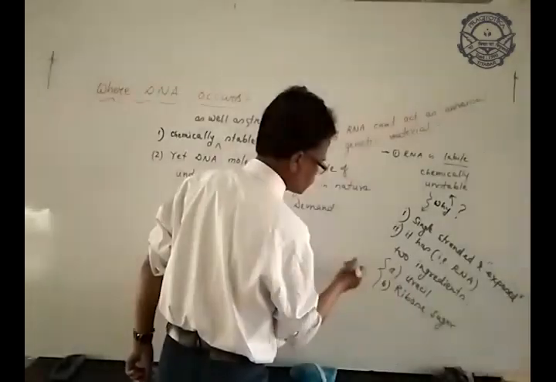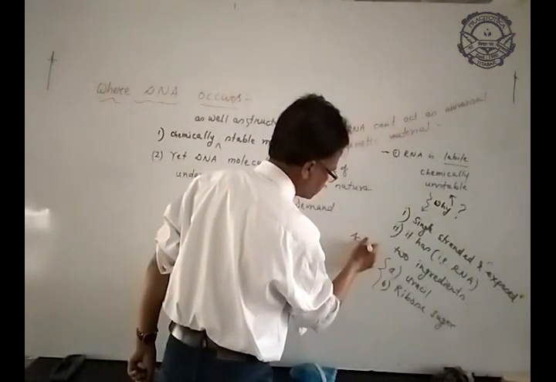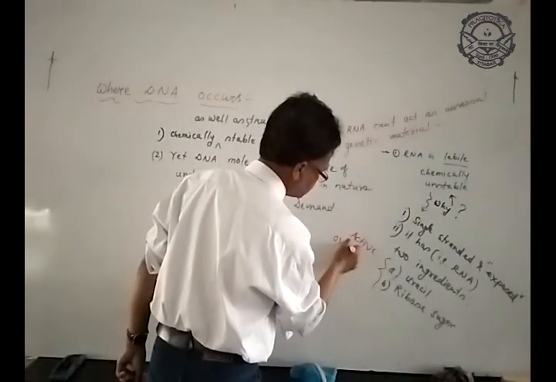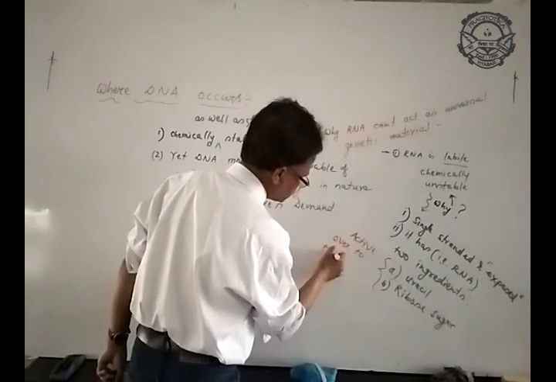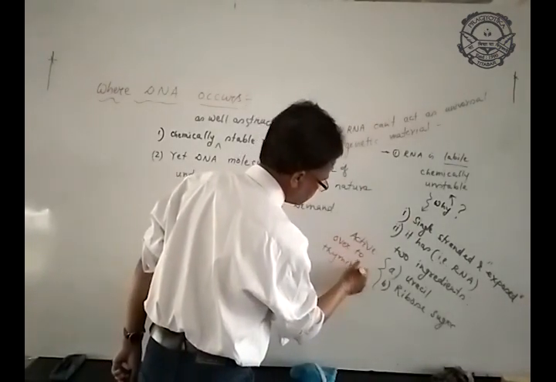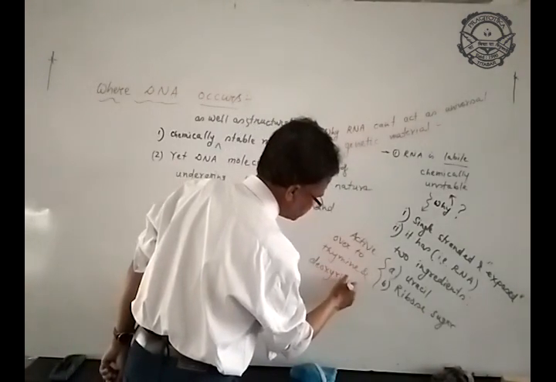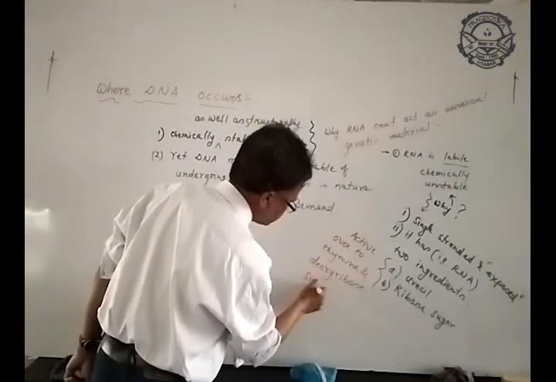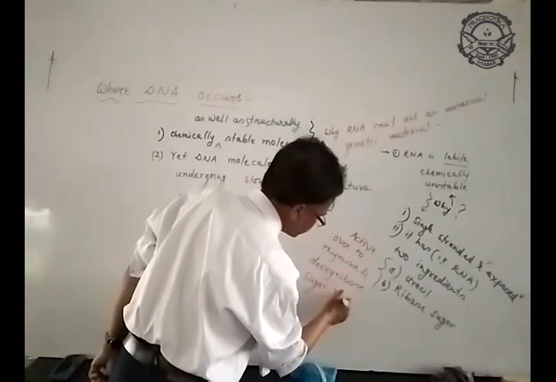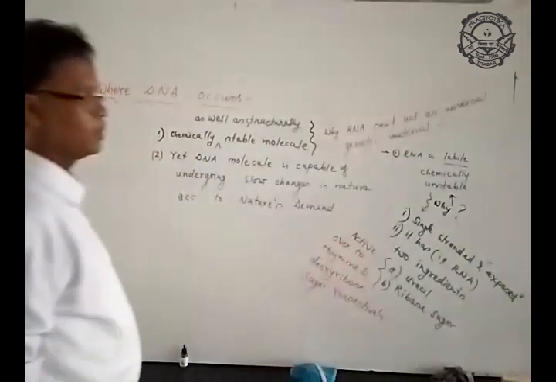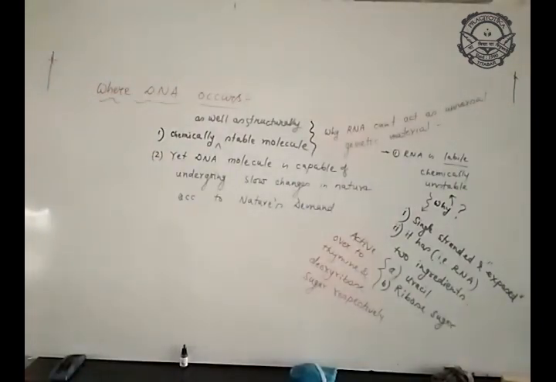Uracil and ribose are both active over thymine and deoxyribose sugar respectively.